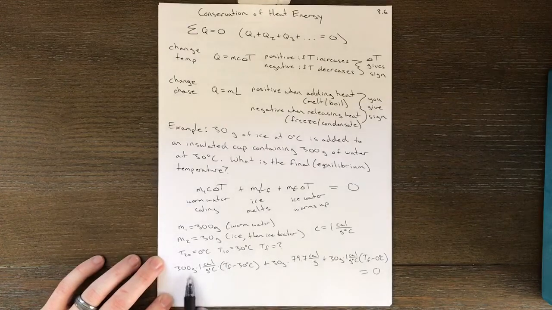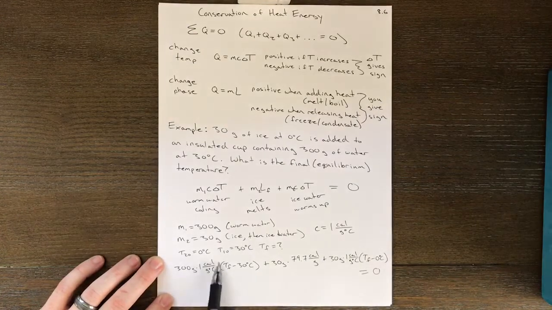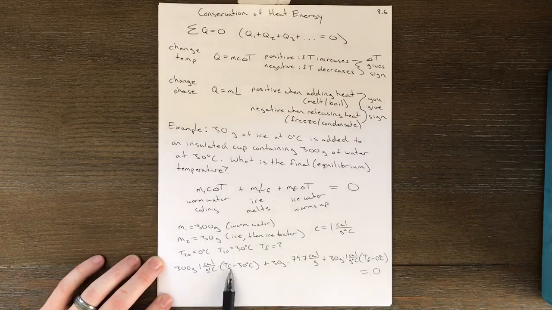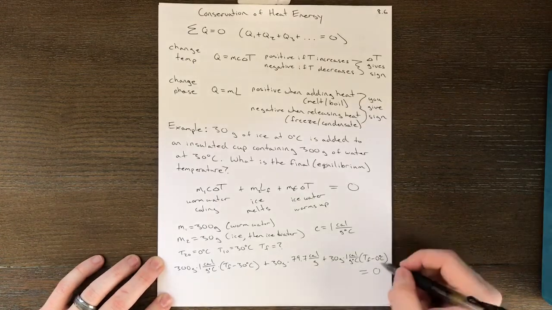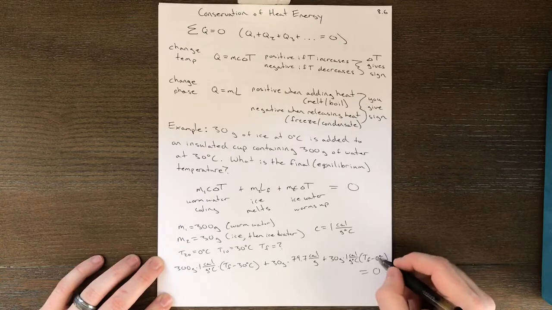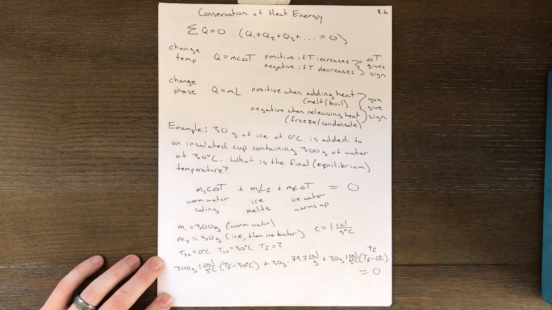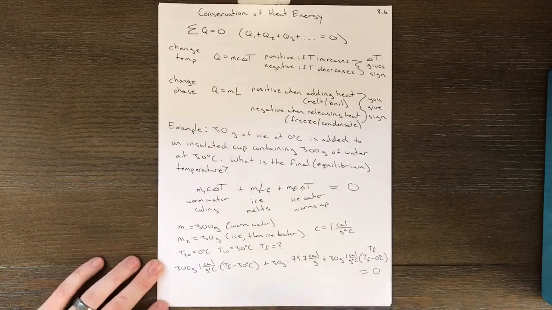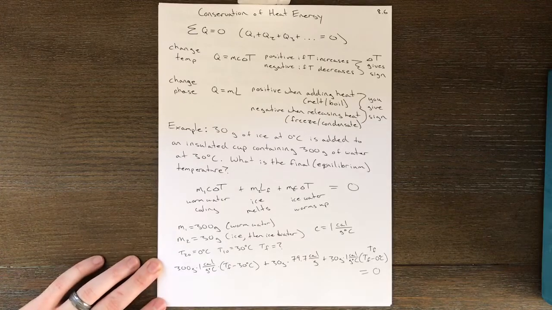Now this is going to distribute. Here we have 300 times 1 on the outside will multiply T final, and it will multiply negative 30. These two numbers will combine. Here we won't have to distribute because T final minus 0, well, that's just T final. So this is going to get a little messy in this step and then clean up nicely at the end.